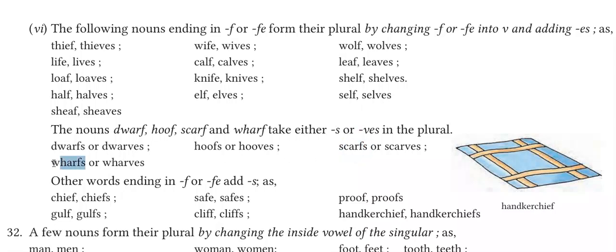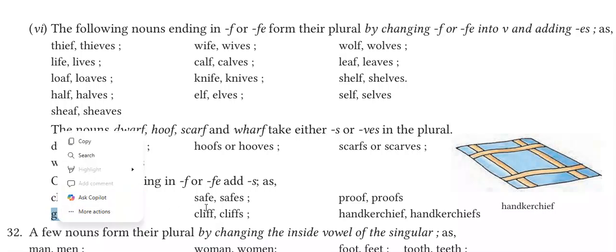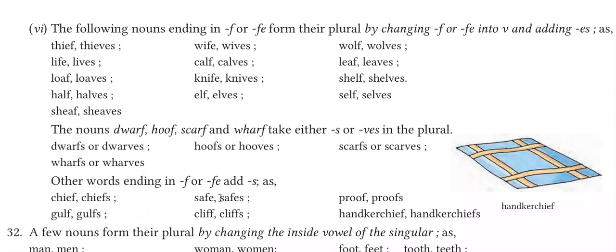Wharfs or wharves, both are acceptable. Other words ending in f or fe add s. For example, chief becomes chiefs, gulf becomes gulfs, safe becomes safes, cliff becomes cliffs, proof becomes proofs. We need to keep this in mind.